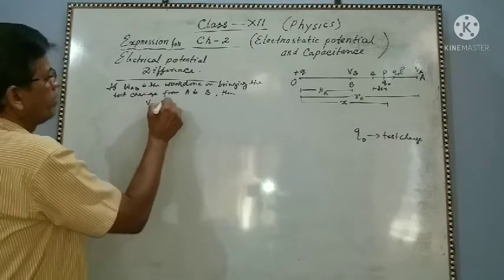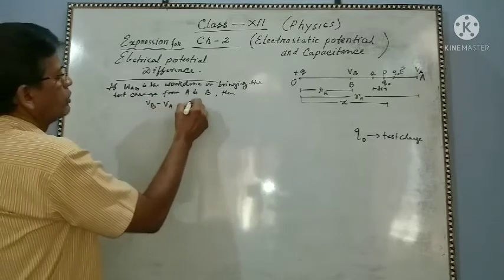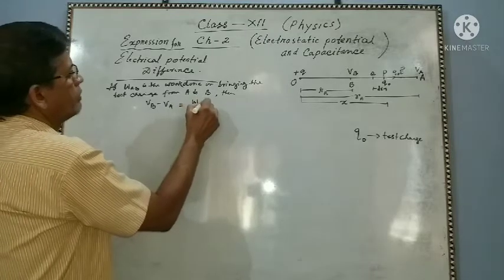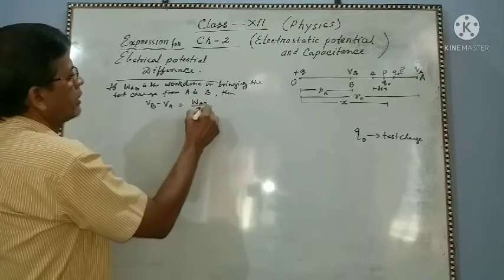VB is more, so VB minus VA equals WAB by Q naught.